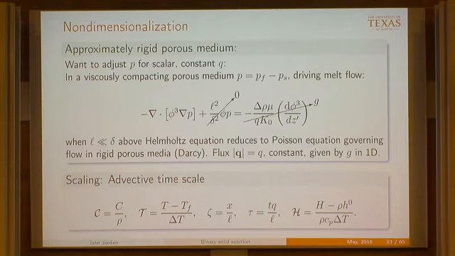And then we want to scale this on this Q, this advective time scale. So all our spatial and time variables have been scaled by the length of that heterogeneity and the Darcy flux. Temperature is just whatever temperature we're at minus the temperature for the first little bit of melting, over the entire temperature range.